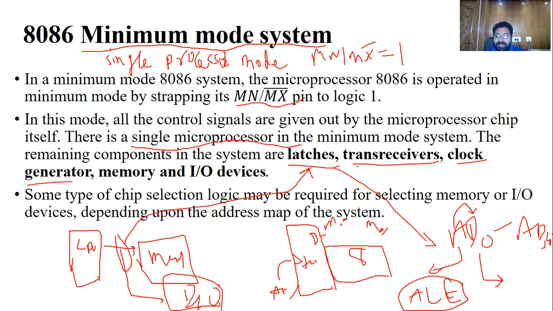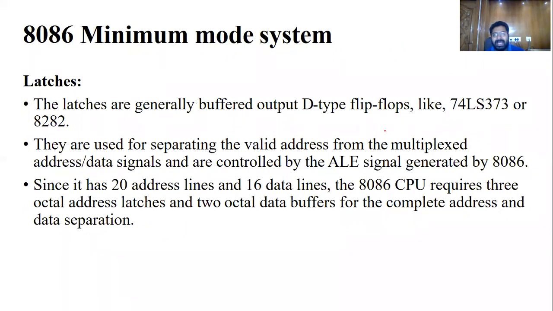Why transistors? Because this data path will carry the data, so for that purpose we will see how this device carries the data in the transistors. You see, this latch is nothing but a D type flip flop, like 74LS373 or 8282.